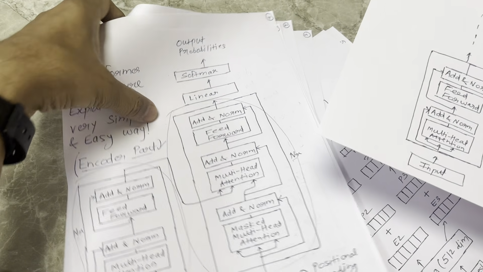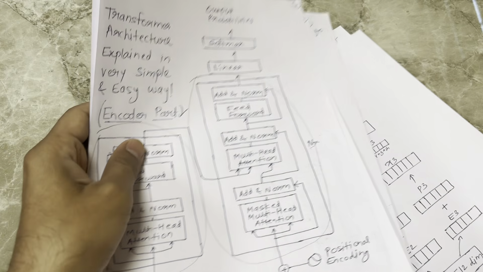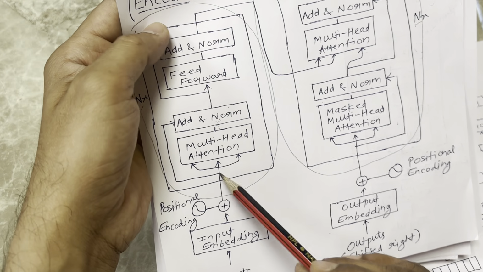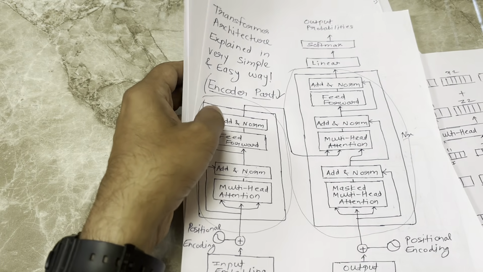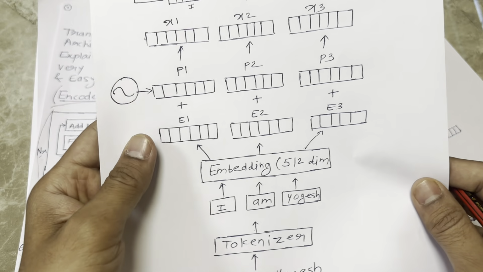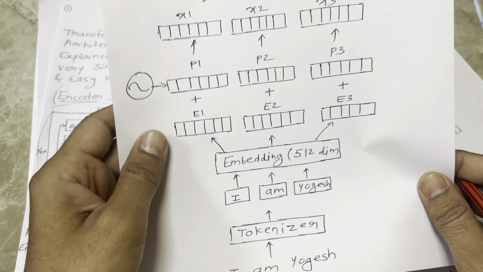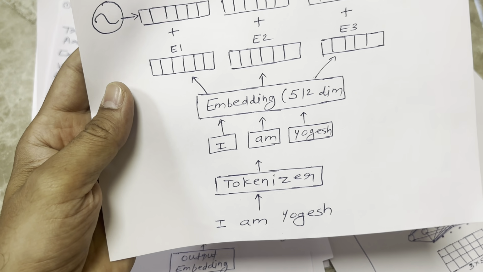Let's see what exactly happens before input enters the encoder block. I've told you already that there are 6 encoder blocks. So for example, let's say I have a sentence like this: I am Yogesh.